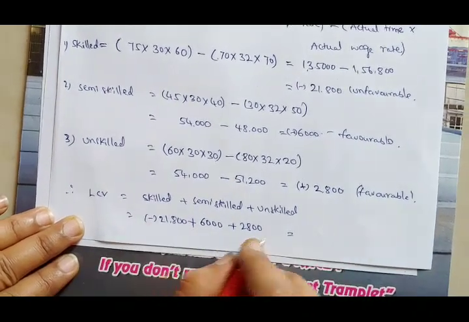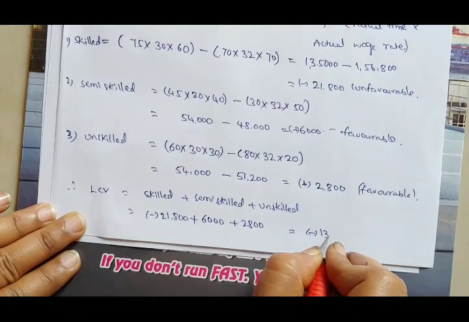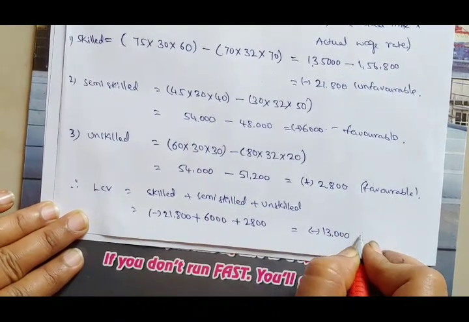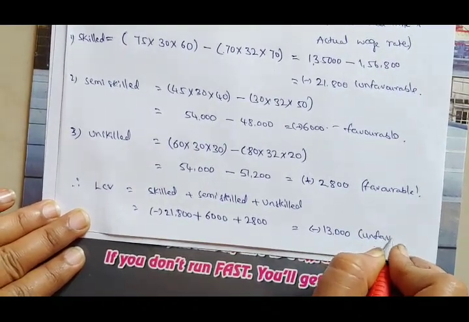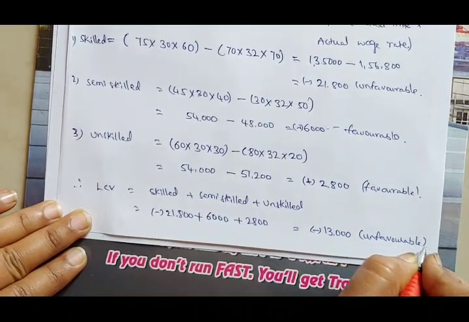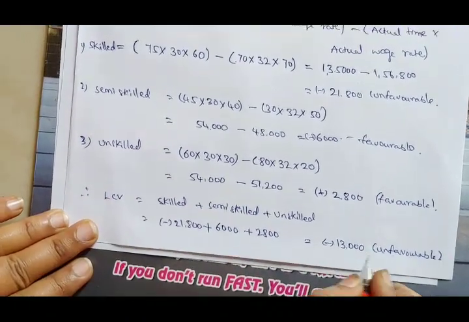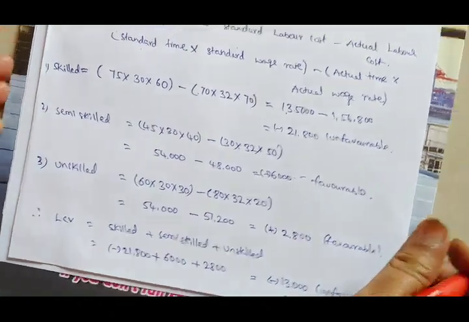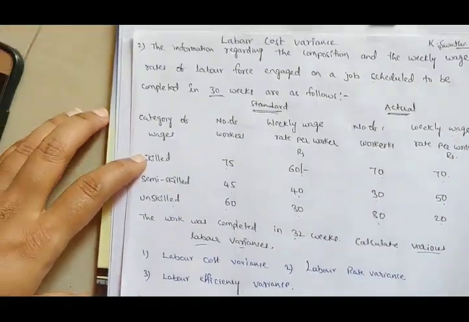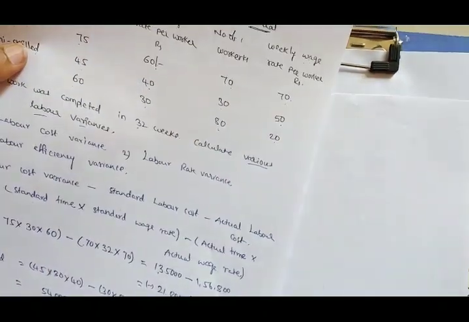The total is equal to minus 13,000. It is unfavorable. Labor cost variance is equal to minus 13,000. It is unfavorable.